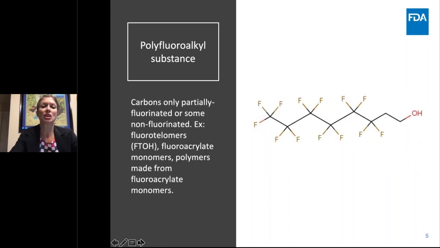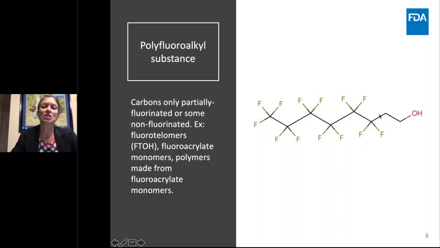The second group of compounds are called polyfluoroalkyl substances, specifically polyfluoroalkyl alcohols. So this is a carbon chain that is only partially fluorinated that is bonded to an OH group. The example that I'm showing here is a 6,2-telomer alcohol, and as you can see at the end, there is the OH group here, and then a couple of alkyl groups, and then here starts the fully fluorinated chain.